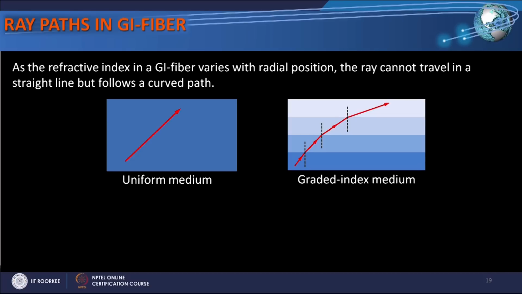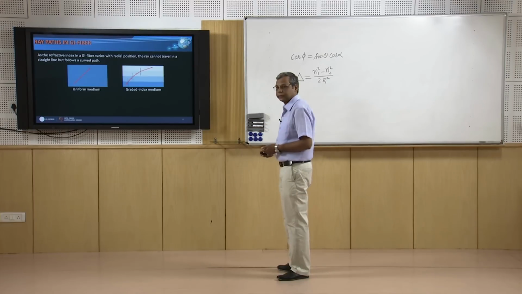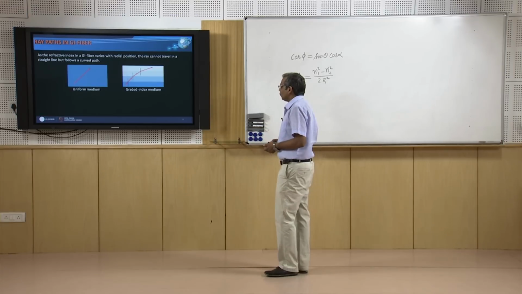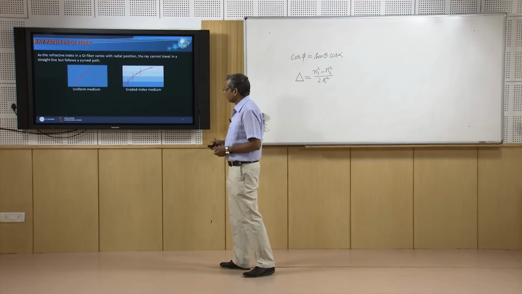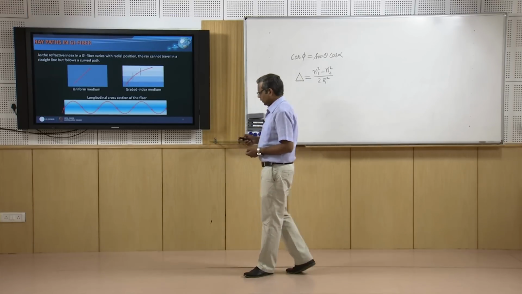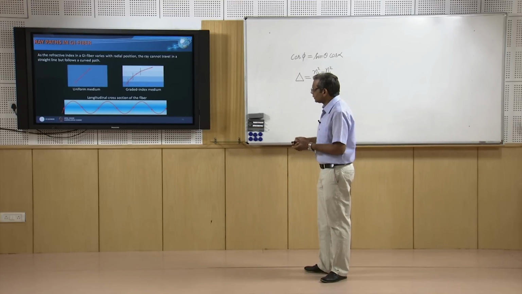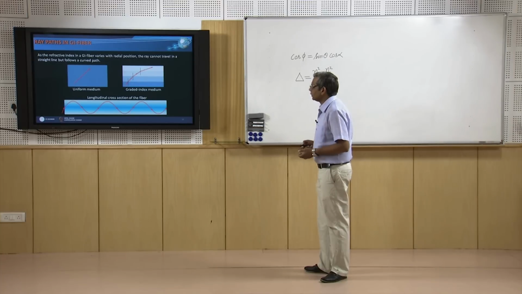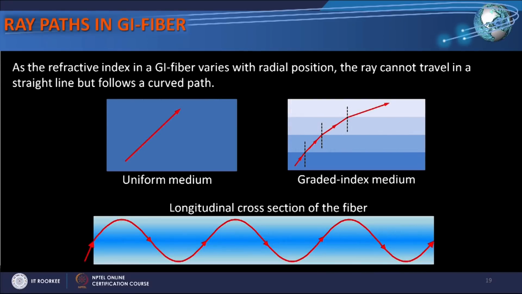So, light will not go straight, but it will be bent and follow a curved path, and this is the ray path in a typical parabolic index fiber. If the refractive index varies parabolically away from the axis, then the ray launched into the fiber follows a sinusoidal kind of path. So, the ray paths are curved.